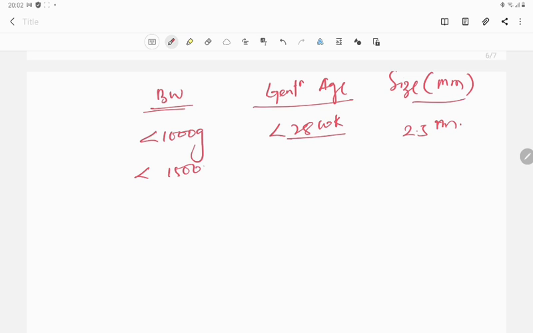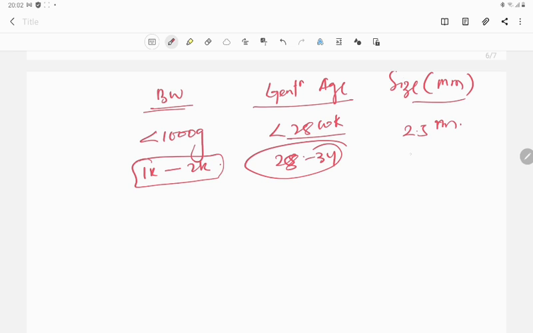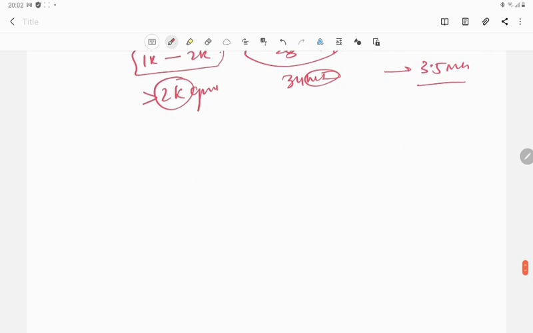If it is from 1000 to 2000 grams, or if the baby is from 28 to 34 weeks of gestation, then the size is 3. And if it is more than 2000 grams, or the baby is above 34 weeks of gestation, then the size is 3.5 millimeter. Yeah, this is what we have to remember.